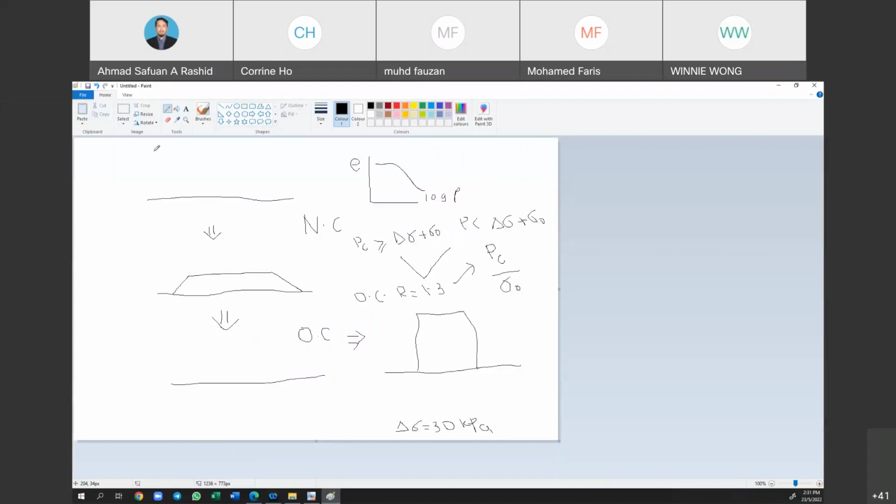Dia macam ni. Contoh turun sikit, lepas tu dia turun lagi. Lepas tu, yang ini baru recompression. The whole of this is actually compression. Keseluruhan ni compression. So they use the steepest slope to represent the CC.